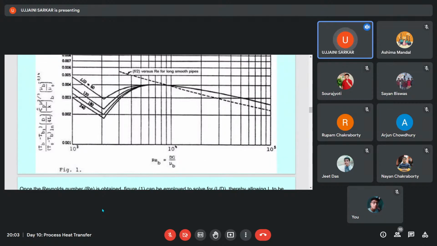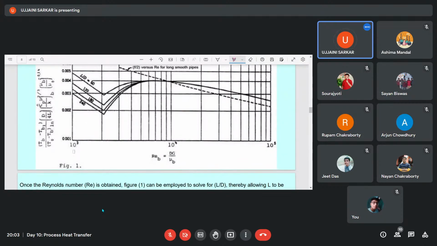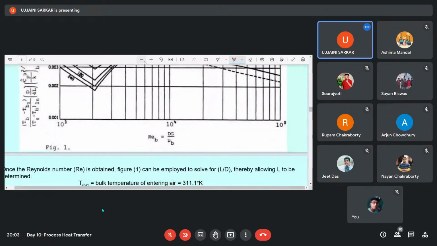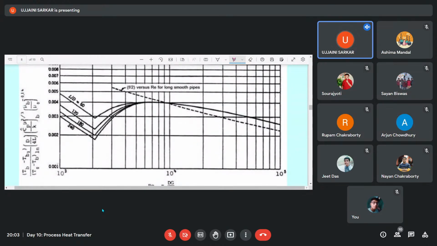Okay, this is 1000. This Y line is 1000. This is 2000. This is 3000. This is 4000.